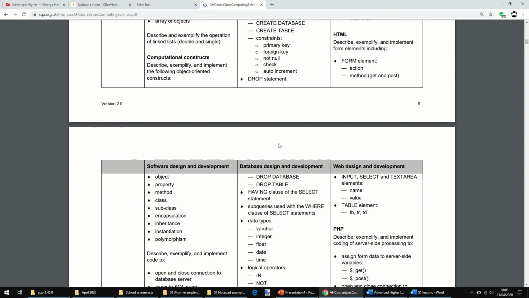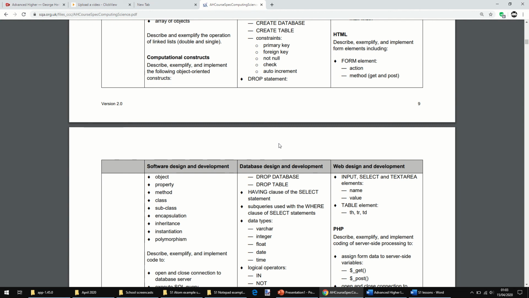So for now, I would suggest you imagine that you are sitting an exam in a month and a half, and focus on the database element of that. Miss McColgan's going to be telling you to look at software design stuff as well. We just take a little bit each.